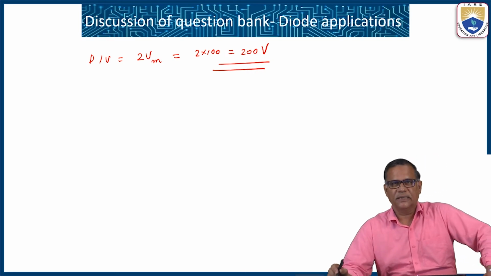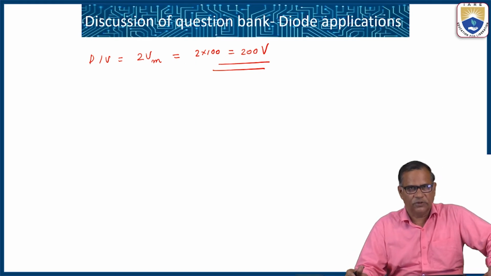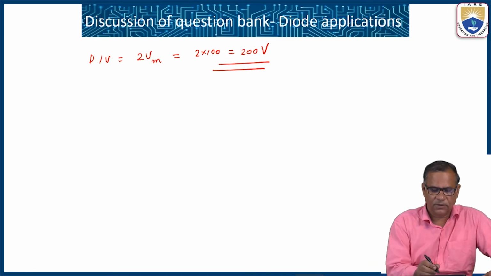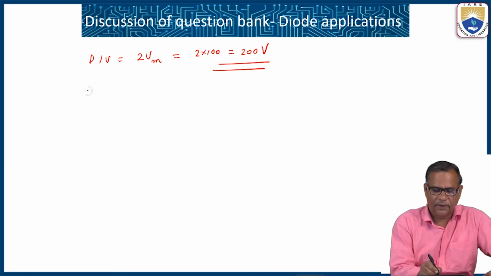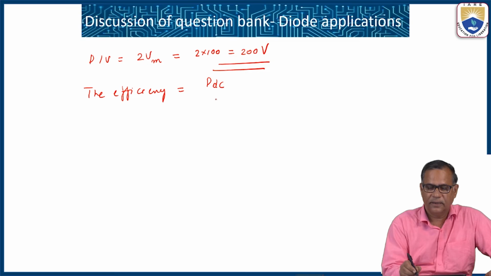Next, let us calculate the efficiency. The efficiency is given by the DC power delivered to the load divided by the AC power input. So the efficiency is equal to DC power delivered to the load PDC divided by PAC.